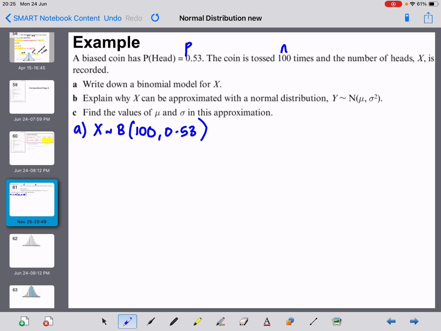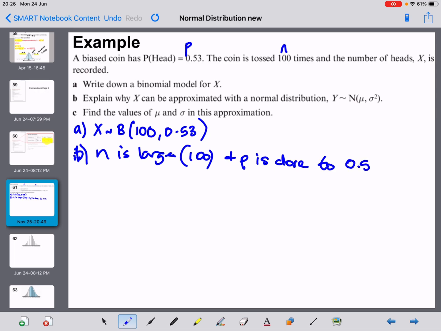It says explain why X can be approximated with a normal distribution. That is just asking you whether the conditions are met, and yes, they are. So n is large, it's 100, and p is close to 0.5.